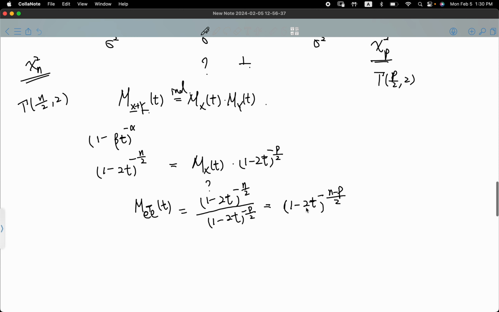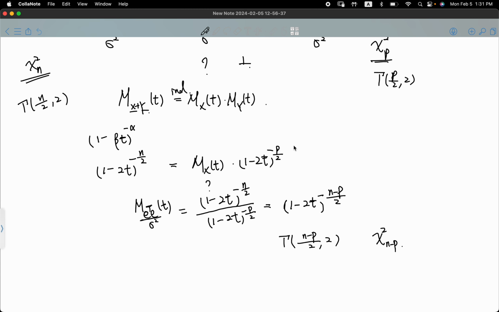Because of the uniqueness theorem, we know that this random variable also has a gamma distribution with n minus p over 2, and this is essentially a chi-square distribution with degree of freedom n minus p.